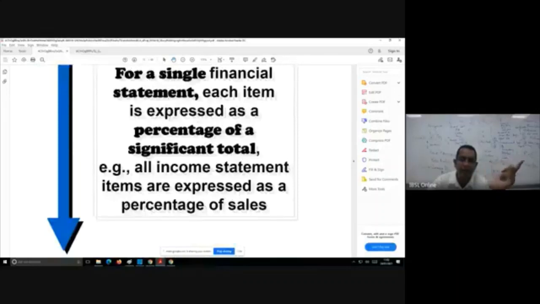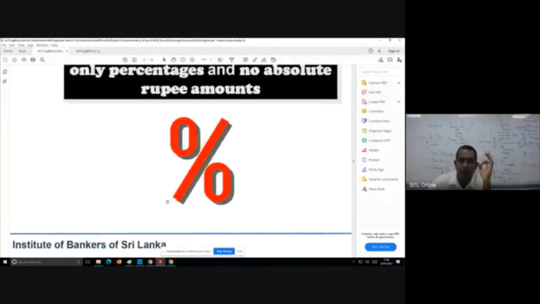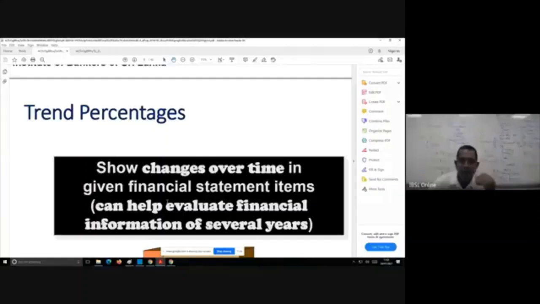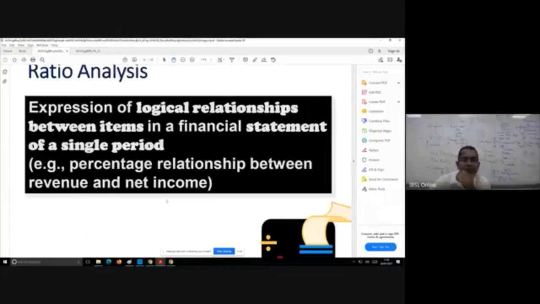All income statement items are expressed as a percentage of sales. Common size financial statement that shows only percentages and no absolute rupee amounts. Trend shows changes over time in given financial statement item. Can evaluate financial events over several years. Ratio analysis. Right. We'll take examples.